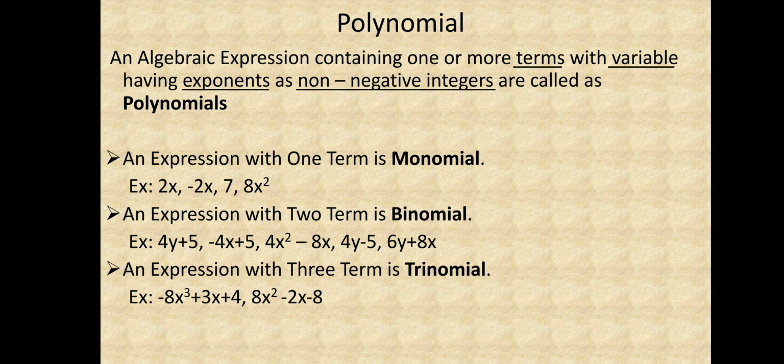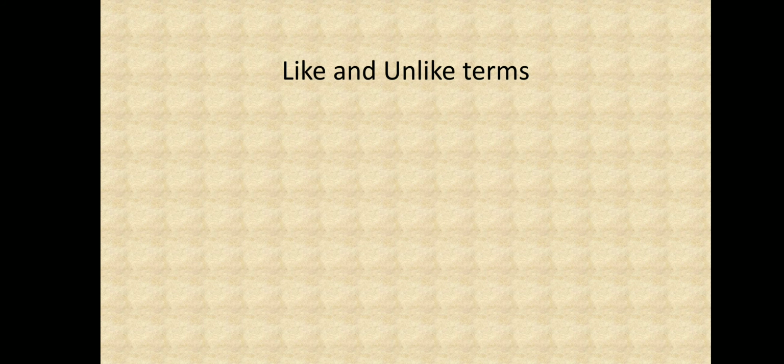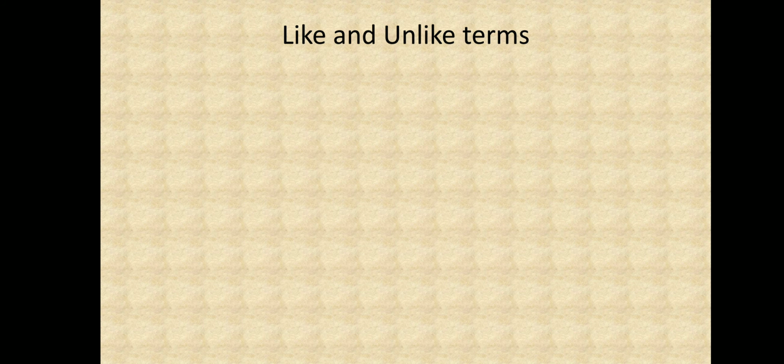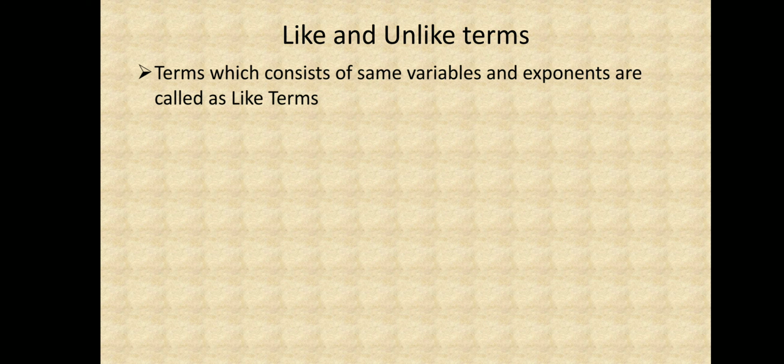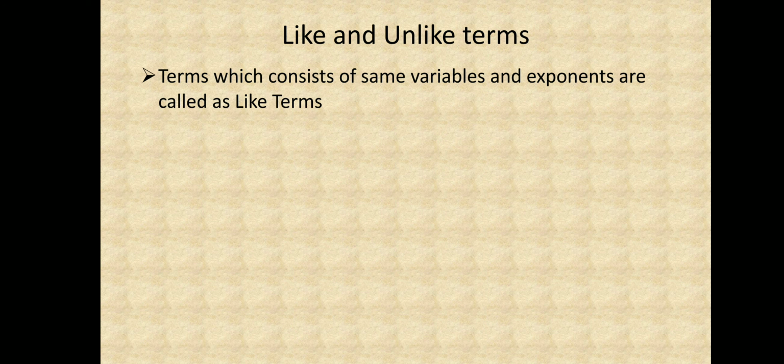Okay. So now we know what a polynomial is, right? Next you have like and unlike terms. So what are like terms and what are unlike terms? Terms which consist of the same variable and exponent are called like terms.